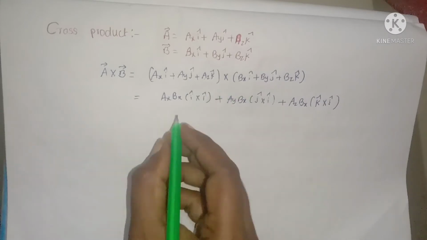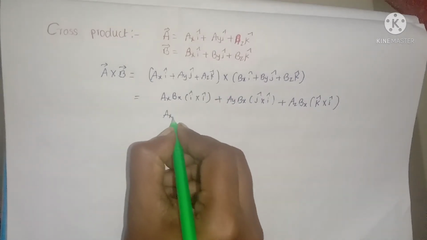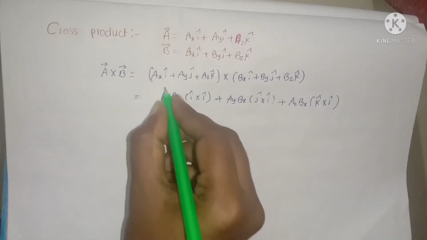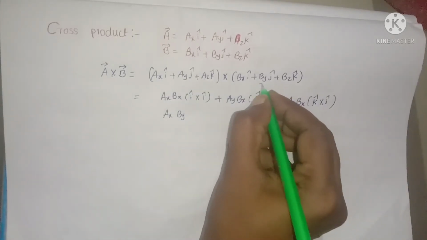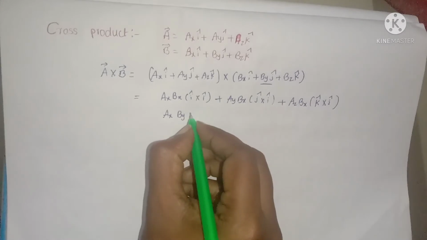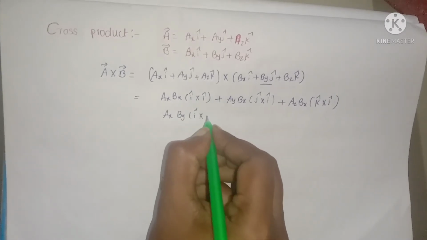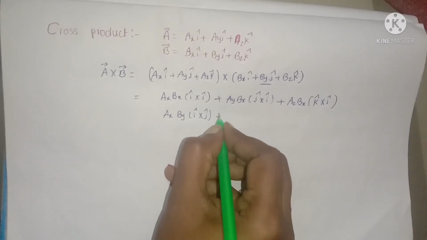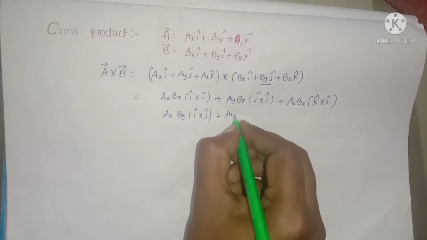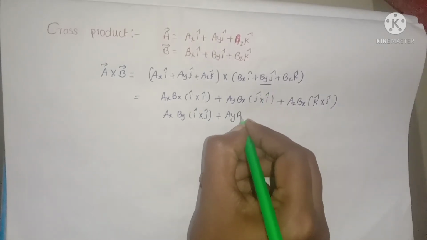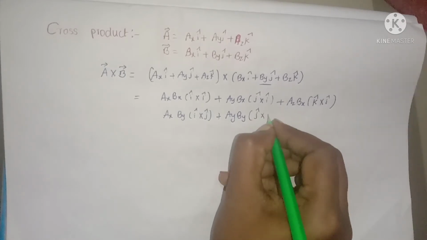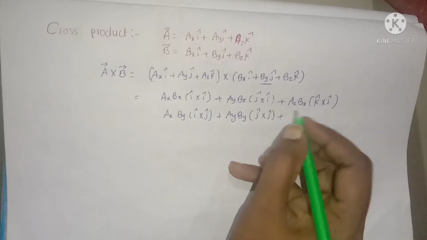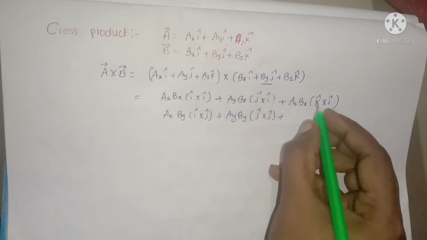Now write for the second one, that is ax by, here the unit vector is i, here the unit vector is j. So now we are multiplying with by, so i cap cross j cap, plus now ay multiplied with by, then j cross j, plus az is multiplied with by.